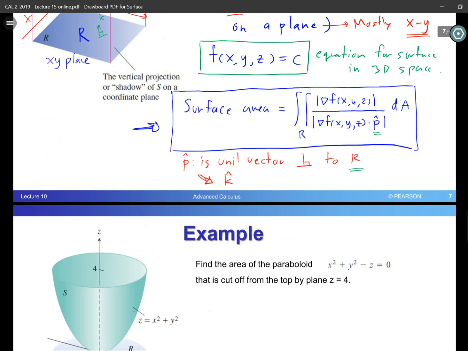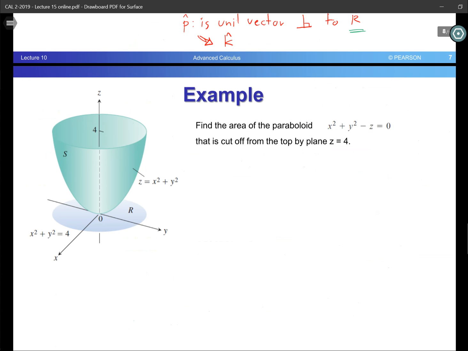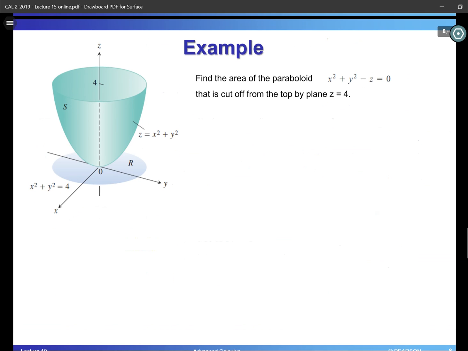Okay, let's use this formula to find the surface area of some examples here. Alright, so here we have something like a bowl or a glass, whatever you think it is. So we are going to find the area of this. First, let's take a look at this. This is a paraboloid, and it has this equation that describes this surface.